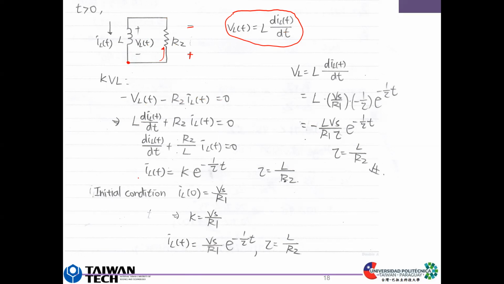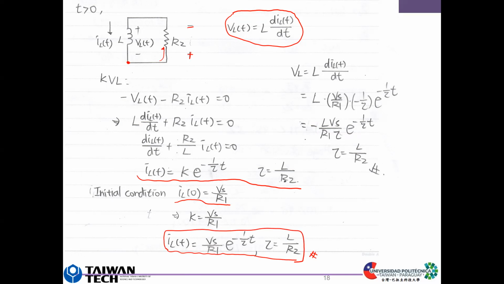So we have this general solution, and tau is L over R2. Because the initial condition is not 0, we cannot apply the previous formula. We can only derive K by using the initial condition i_L(0). So i_L(0) is Vs over R1, and we have K equals Vs over R1. So this is the general equation for the inductor current. This is one of the solutions.